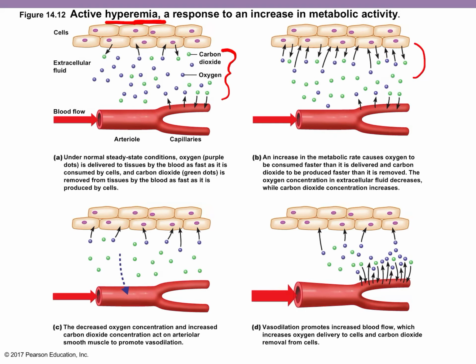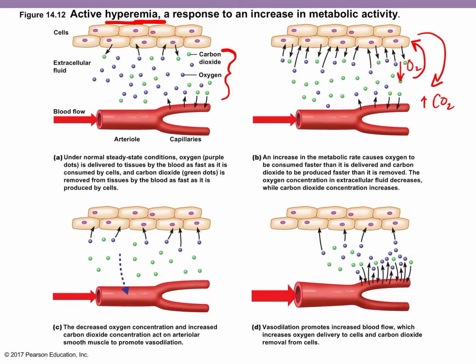When you increase your metabolic rate, oxygen is used in the cells immediately. So you're going to have a low oxygen concentration, and a really high CO2 concentration. Oxygen's being used up, which decreases the oxygen concentration.